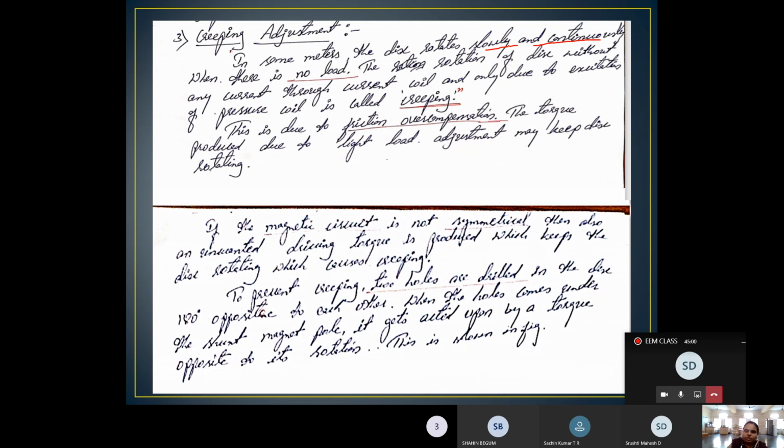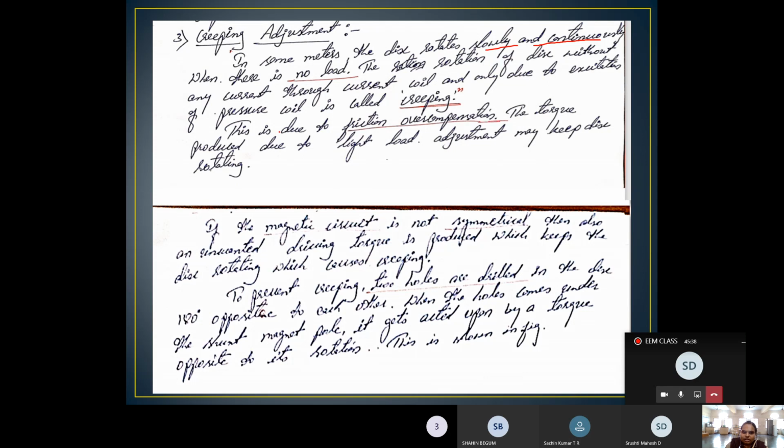No. Without load, how can it rotate, right? The rotation of the disc without any current through the current coil, only due to the excitation of the pressure coil, is called creeping. Hope you got what creeping means.